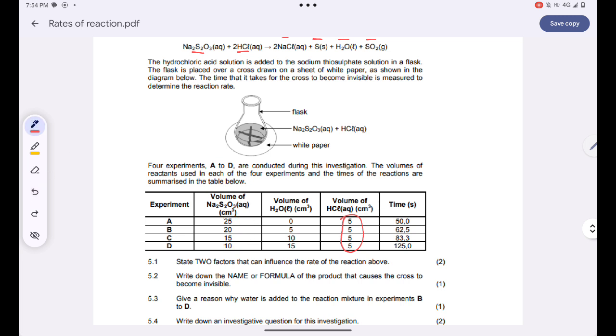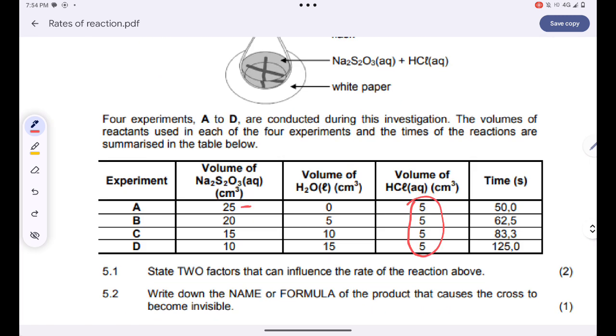We have 25 cubic centimeters of just sodium thiosulfate altogether. Over here we only have 20 cubic centimeters of pure sodium thiosulfate, and then they've diluted it with 5 cubic centimeters of water altogether. We had 15 over there, and then they've diluted the sodium thiosulfate with 10 cubic centimeters of water.